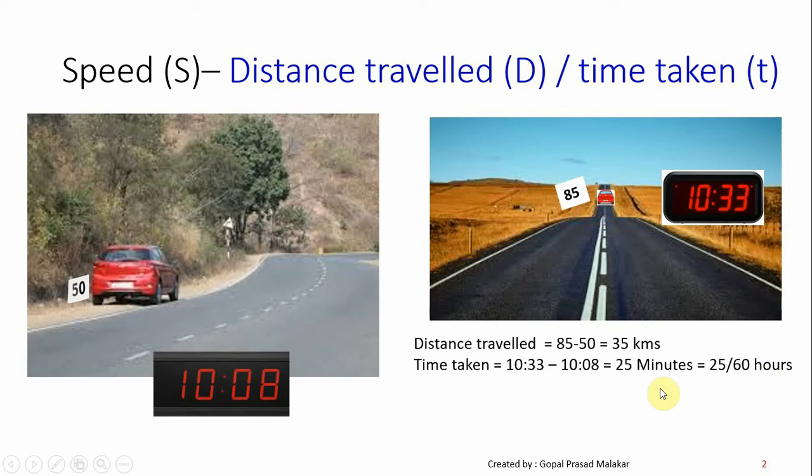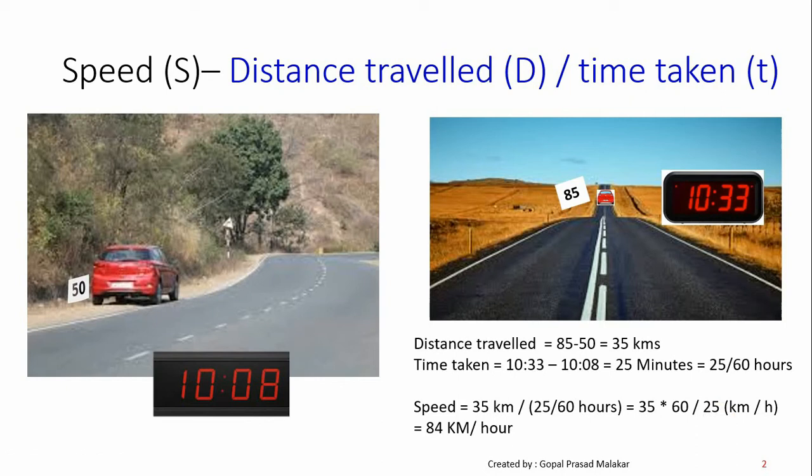The speed will be 35 divided by 25 by 60, which gives speed in kilometers per hour. 35 into 60, divided by 25, comes out to 84 kilometers per hour, which means with this speed in 1 hour it will travel 84 kilometers.